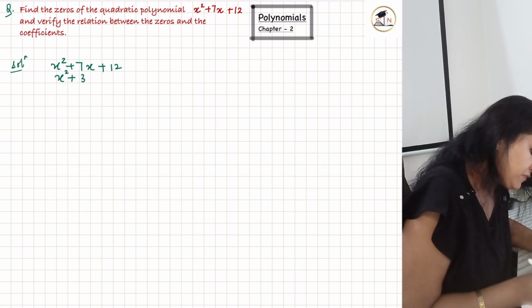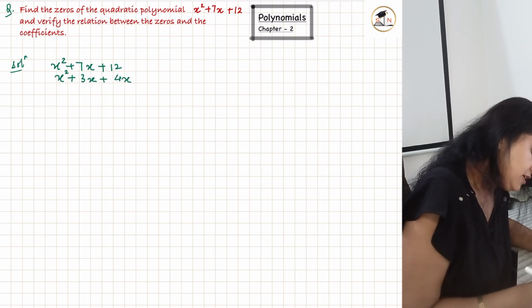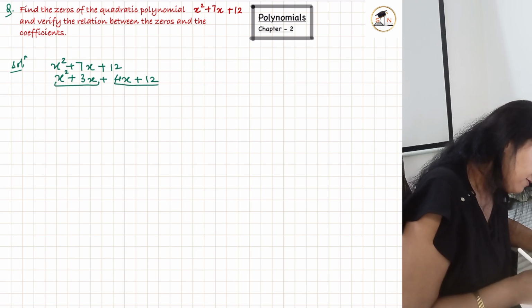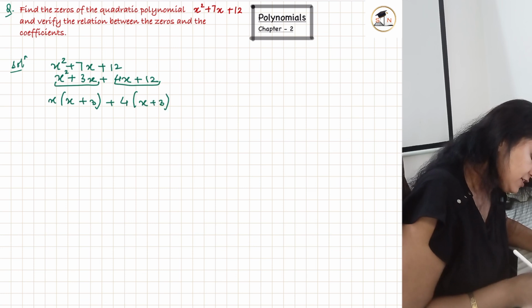So it becomes x squared plus 3x plus 4x plus 12. Now, taking out common factors from the two groups gives us x outside and x plus 3 inside, 4 outside, x plus 3 inside, and that leaves us with the two factors as x plus 3 and x plus 4.